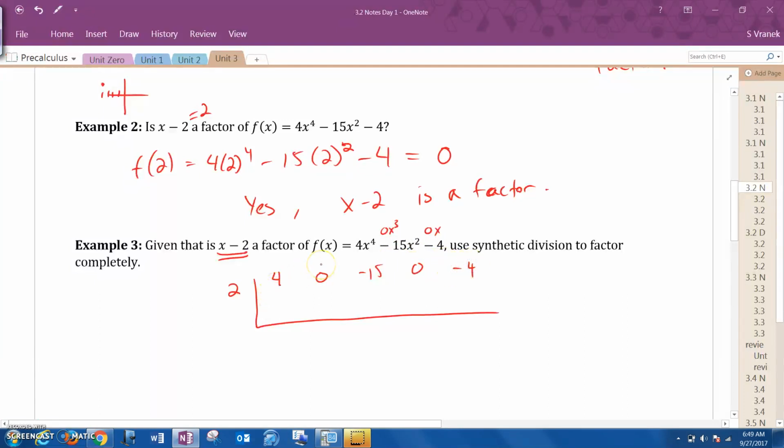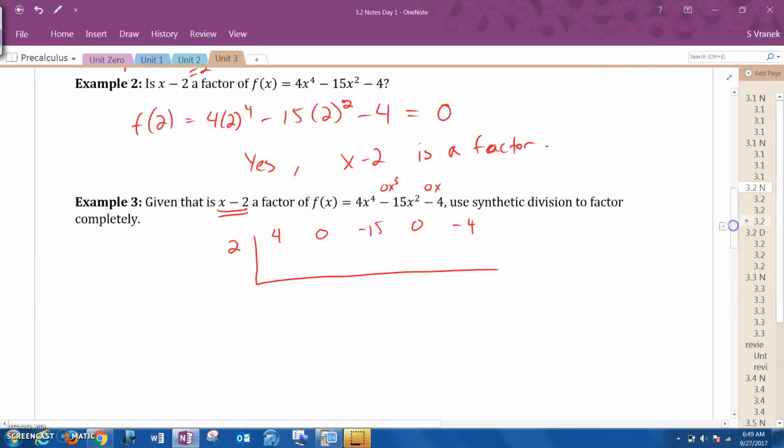Now we can do synthetic division. A quick reminder on how to do that for this one. Bring the first number down. Multiply the first number times the thing you're dividing by. So 4 times 2 is 8. You put that here. Then you add down. So now the 8 pops up here.